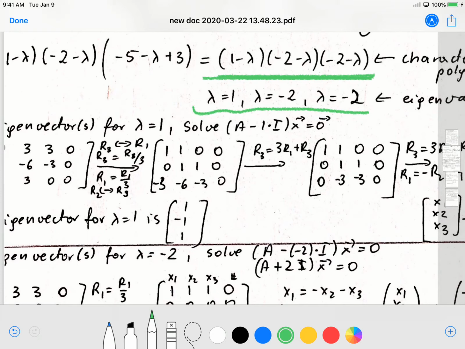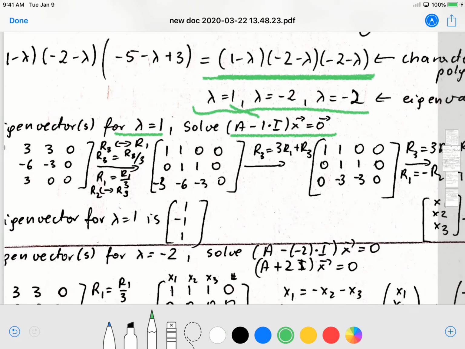We need to find the eigenvector. So for lambda equal to 1, we need to solve A minus 1 times the identity. So I'm looking for lambda equal to 1, and in that case I'm subtracting 1 from the main diagonal.